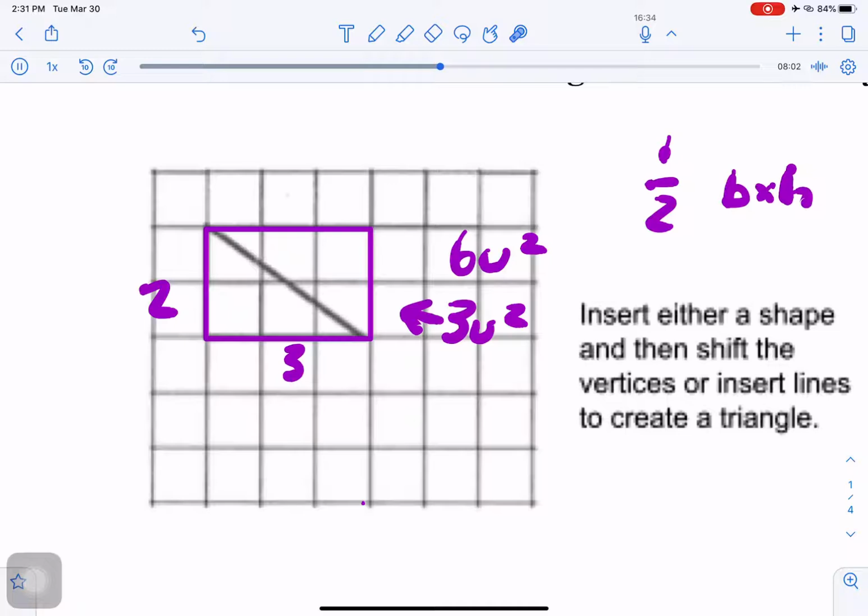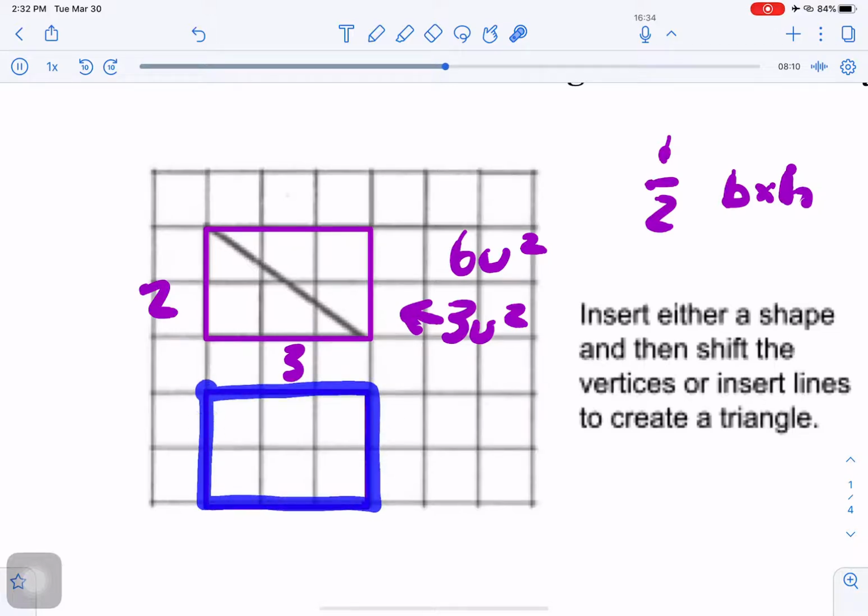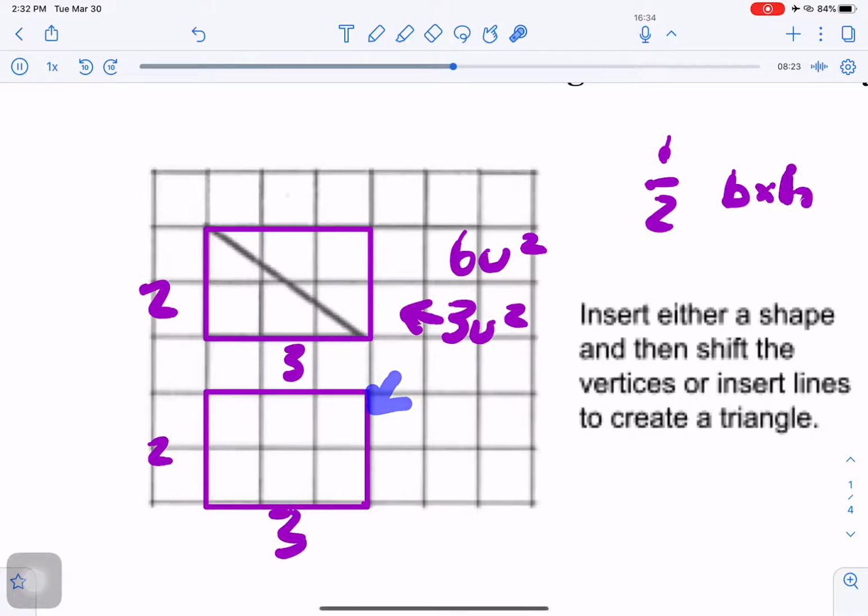We can draw the same rectangle. Okay. And now that I have my rectangle, I know that whatever triangle I draw inside of this rectangle is also going to have the same area. We know that the area here again is 2 times 3. So the rectangle has an area of 6 units squared.